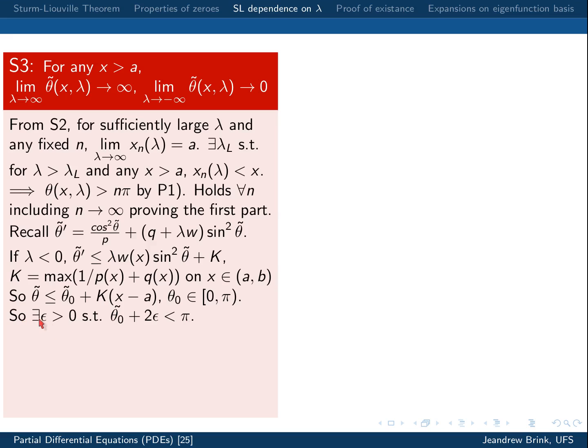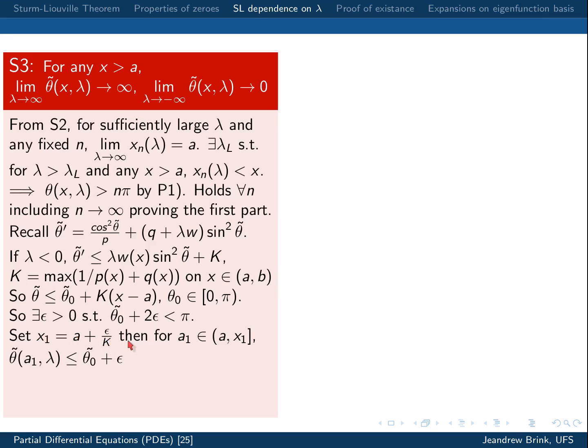So basically, there does exist an epsilon greater than 0, because we've chosen theta 0 less than pi, so that theta 0 tilde plus 2 epsilon is less than pi. And then what we're going to say is let's set x1 equal to a plus epsilon over k.